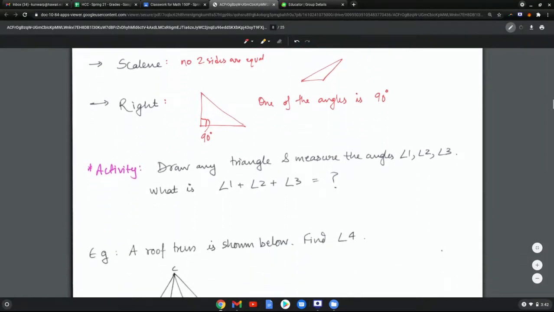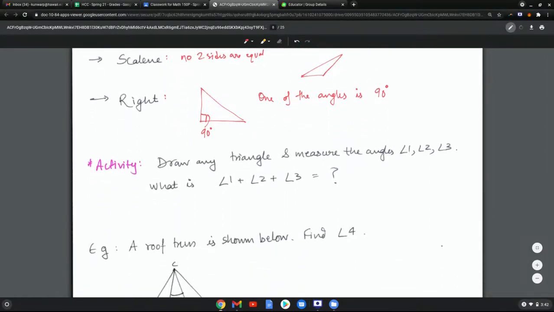Now here's a side activity. Draw any triangle and measure angle 1, 2, 3, where let's say I call these angle 1, angle 2, and angle 3. What you're going to find is that they always add up to 180 degrees. That's a very useful property that we have for a triangle.